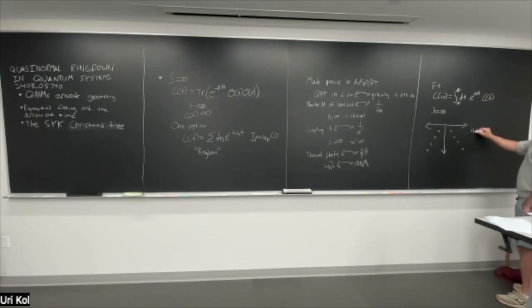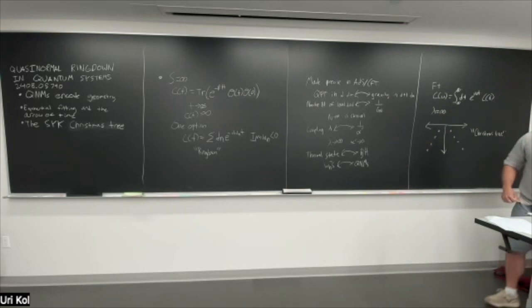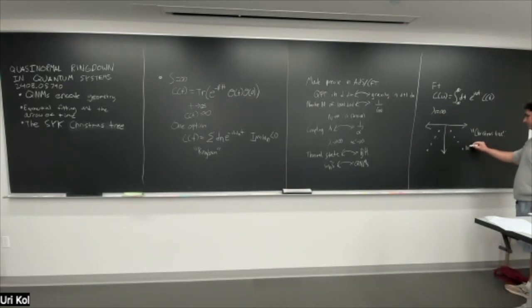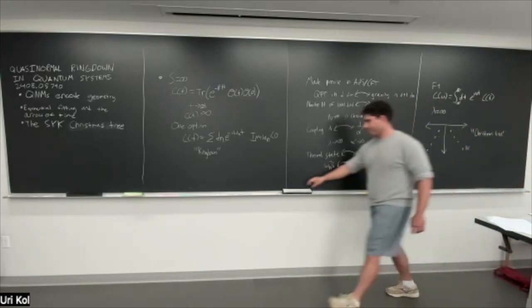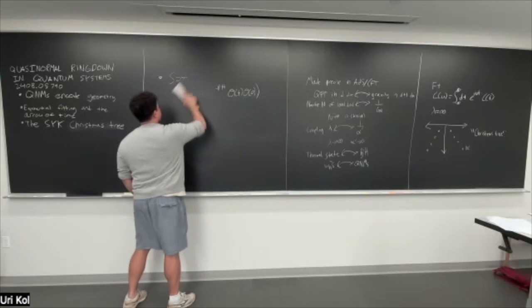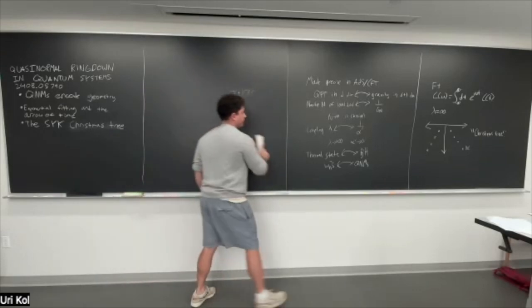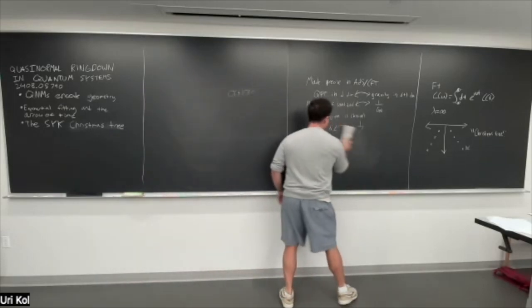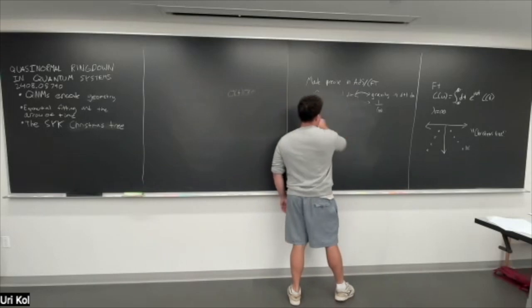So this is sometimes called the Christmas tree, because it looks like a Christmas tree. Again, this is the complex omega plane. So that's the strong coupling limit of this gauge theory, and it has this very simple form.